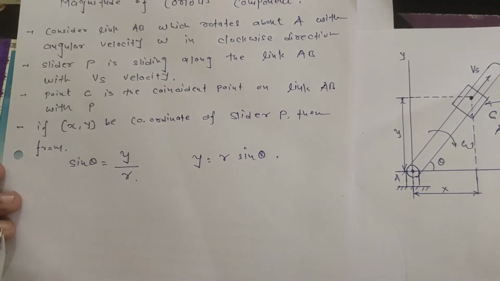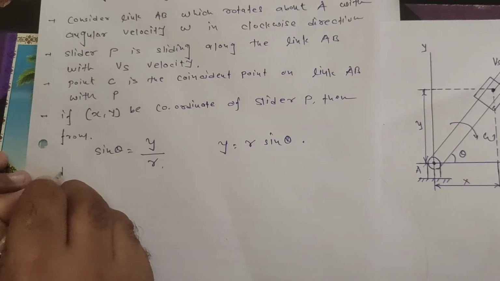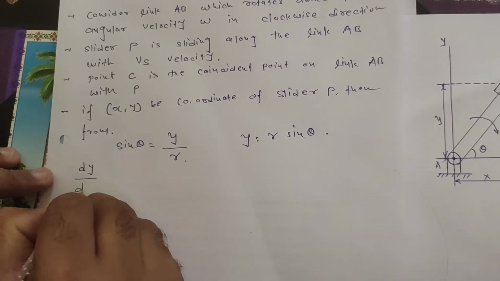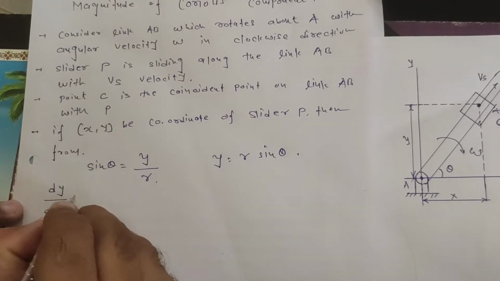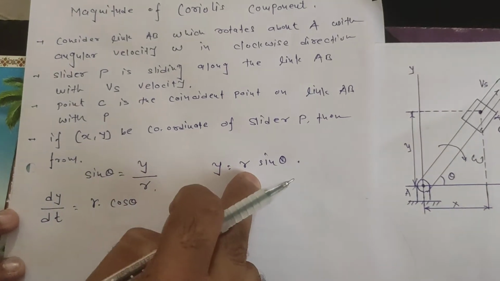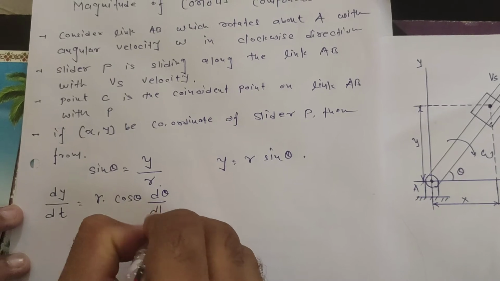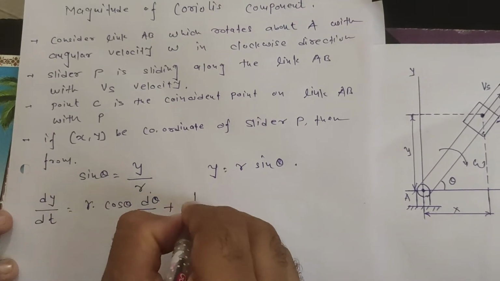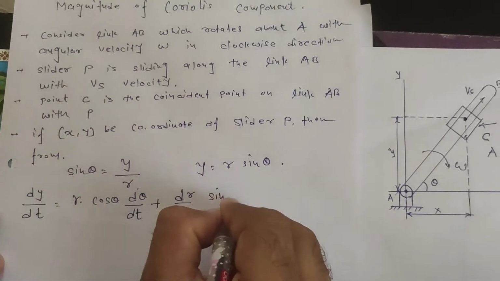If we differentiate this with respect to time, dy by dt is equal to r cos theta d theta by dt plus dr by dt into sin theta.